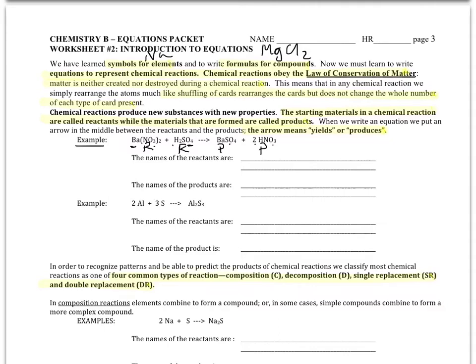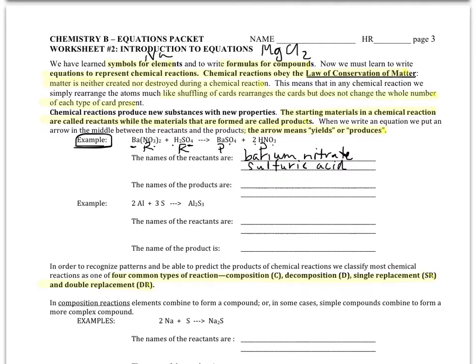So we can see, for example, that in the beginning of our example reaction, right, we have barium, so you want to write this, nitrate, that's the Ba(NO3)2, so barium and nitrate are combined, and we also have sulfuric acid.